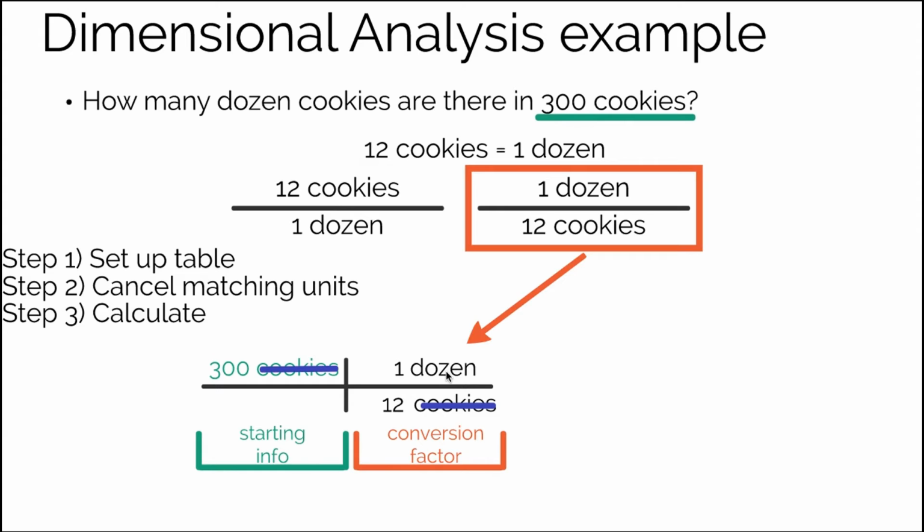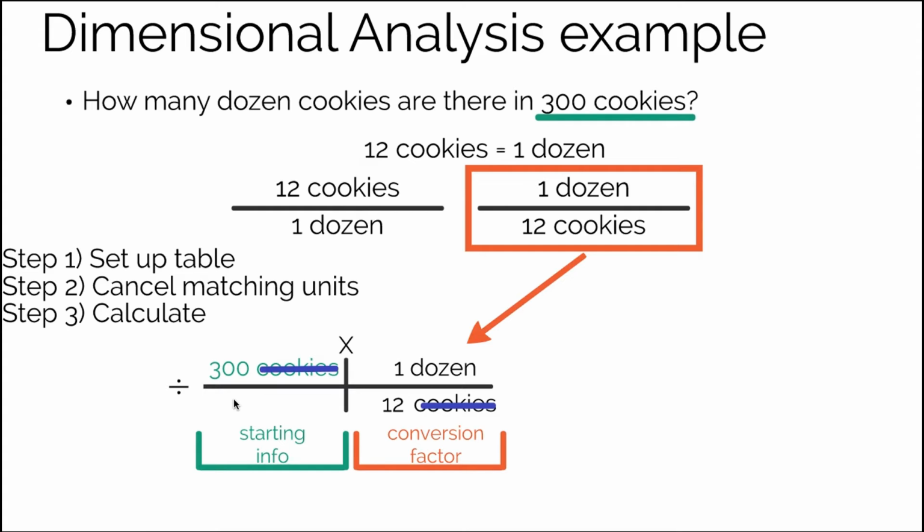And finally, all that's left is to calculate. Calculate what? On this table, we have 2 math calculations that we can carry out. When numbers and units are set up across this bar on the same side, either top or bottom, then they are multiplied together. And when we have values on top and on the bottom, those will be divided.